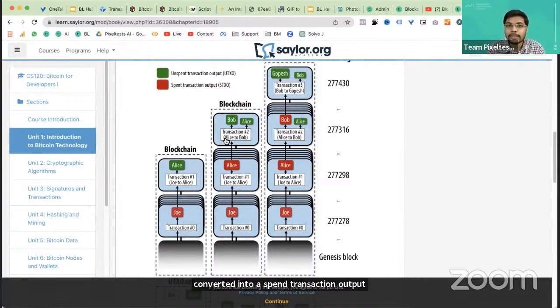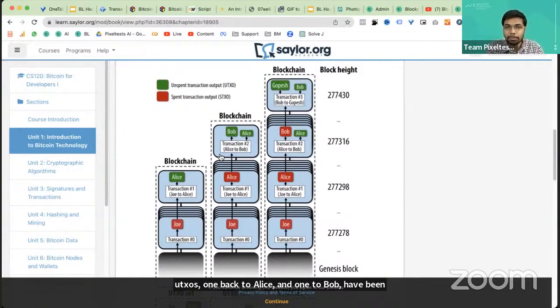In transaction 2, you can see that two UTXOs have been created, one back to Alice and one to Bob. This is like a repetition of our previous lecture, but in a visual format. Similarly, if Bob is trying to send it to another person in transaction 3, to Gopesh.